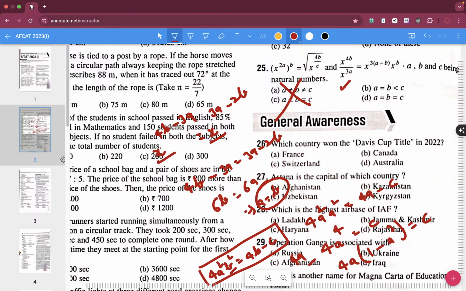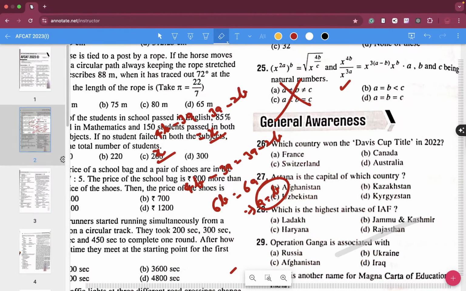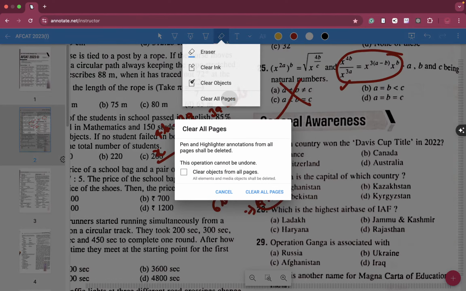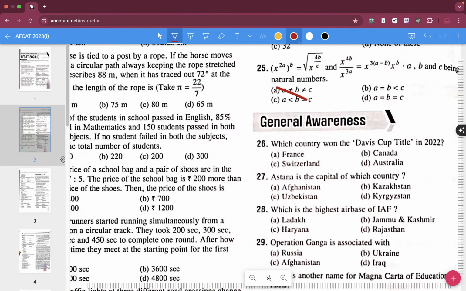Did we make any mistake anywhere? One thing is certain, a is equal to b. We found out a is equal to b by using this particular equation over here. Now a is equal to b, we know that, so each b we can simply write as a.